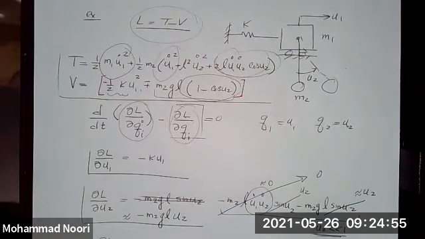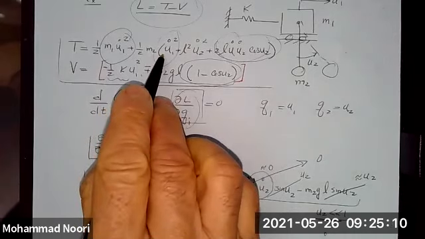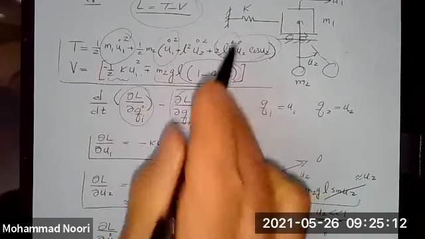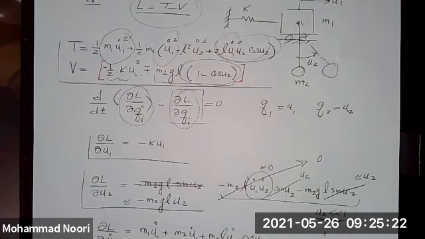So if you take that, you get M1 U1 dot plus M2 U1 dot, okay, for this term, and then this term, which becomes plus M2 L U2 dot cosine of U2, okay?